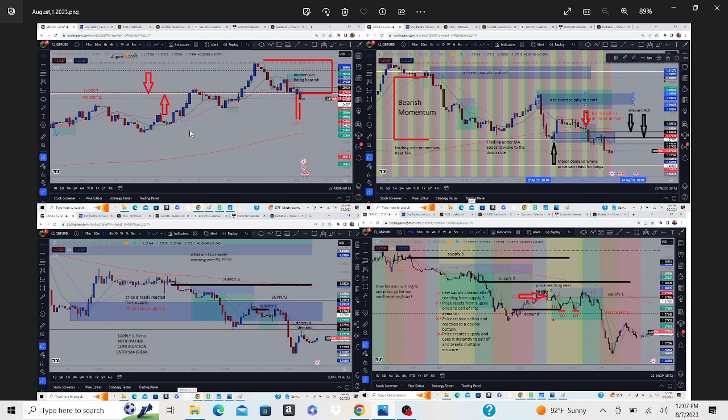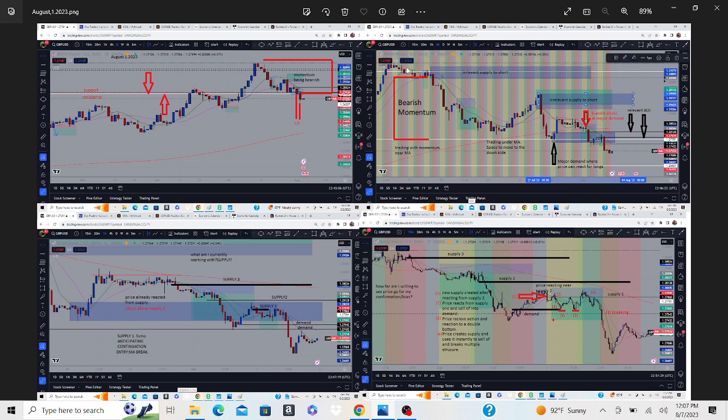If we jump to a lower time frame, right here on the top right on the 4-hour chart, we can break this down to a more in-depth view of an intraday. We can see that the overall momentum is bearish, so we have movements to the downside.